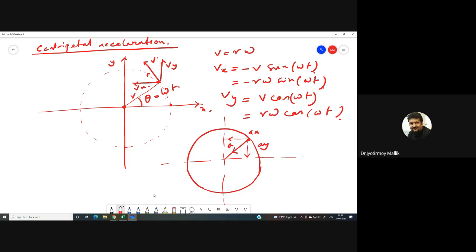Now how would I get the acceleration from velocity? What we need to do is simply differentiate that, right?